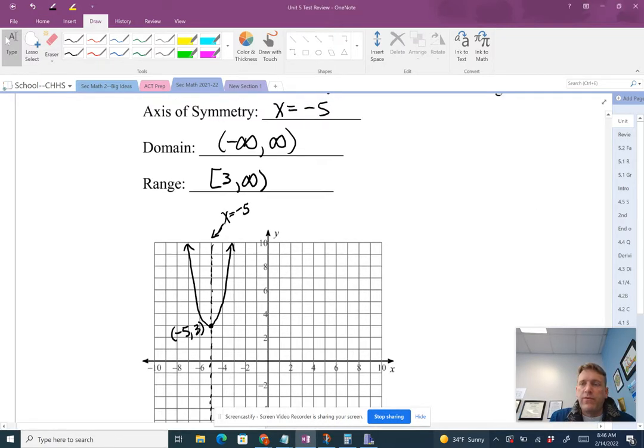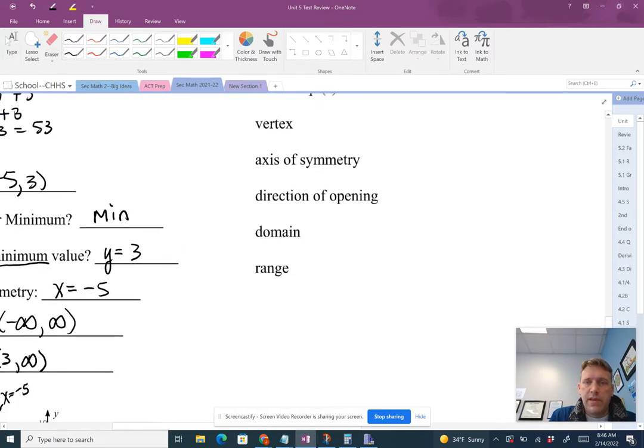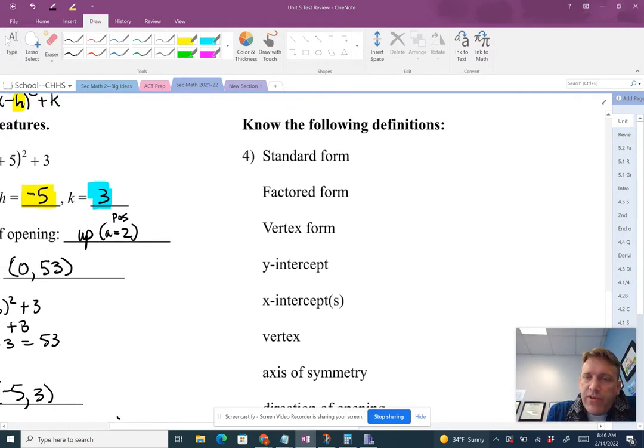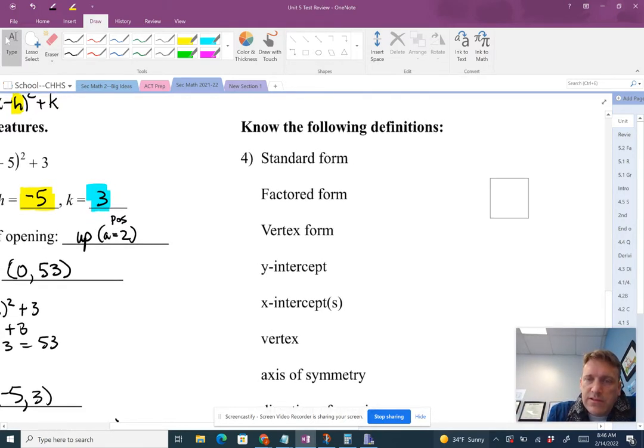All right, before we move on to the end of this video, I'm going to go over some of the following definitions. The standard form of a quadratic is f of x or y, either way, is equal to ax squared plus bx plus c.